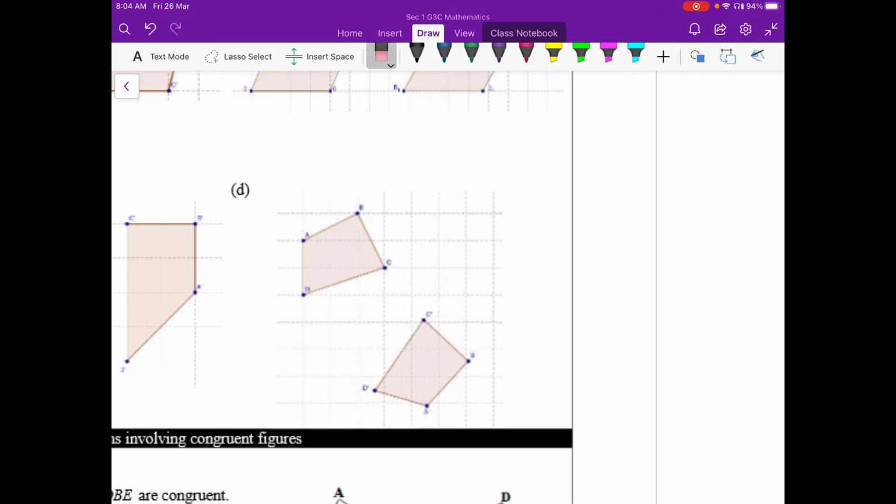If you really want to find out where the line of reflection is, you join up these 2 points and find the midpoint. Then you join up another 2 points, find the midpoint, then join the 2 midpoints. That will be your line of reflection. So this over here is a reflection.